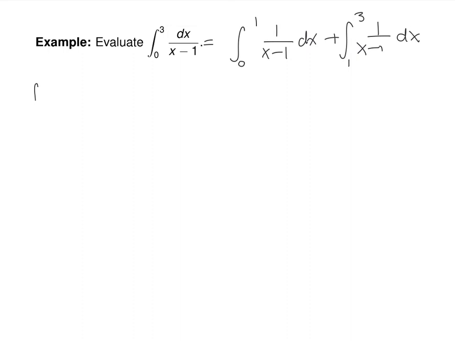So first let's do the integral from 0 to 1 of 1 over x minus 1 dx. So for that particular problem, the problem point is 1, which is the upper bound.